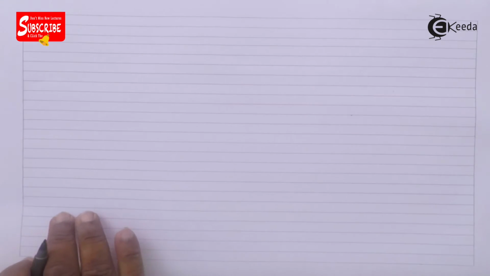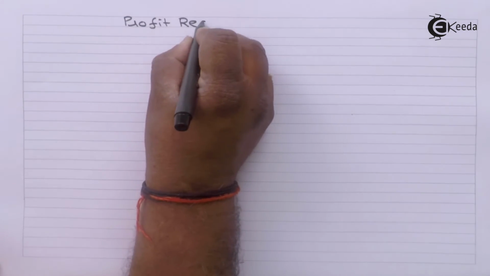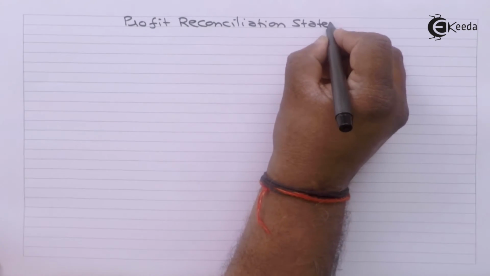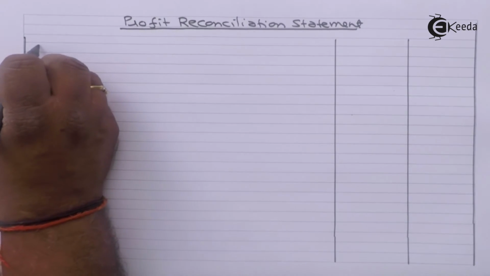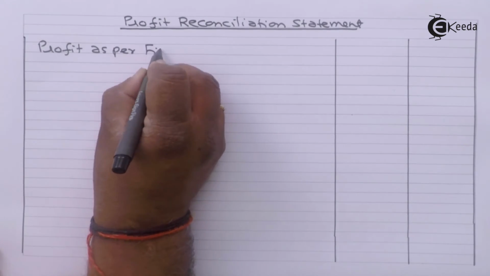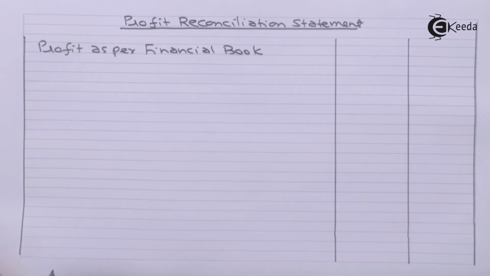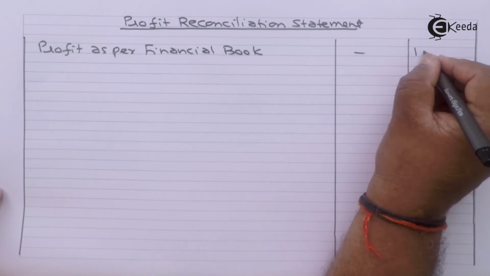Now we'll complete profit reconciliation statement. It will start with profit as per financial book, 1,83,000.